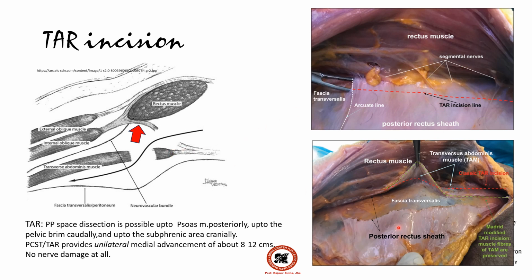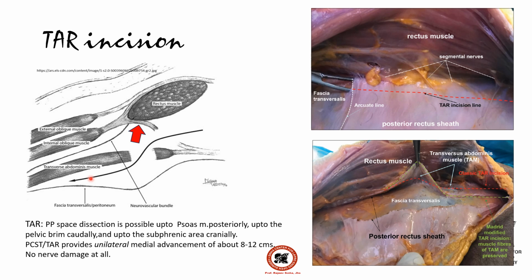And once you've done that, you can go into the preperitoneal space, which is bordered by the posterior surface of the transversus abdominis muscle and the fascia transversalis and peritoneum. Now, how far lateral or above can you go? The whole mobilization in this plane, or TAR mobilization, can be extended right up to the psoas muscle posteriorly, as far posterior.